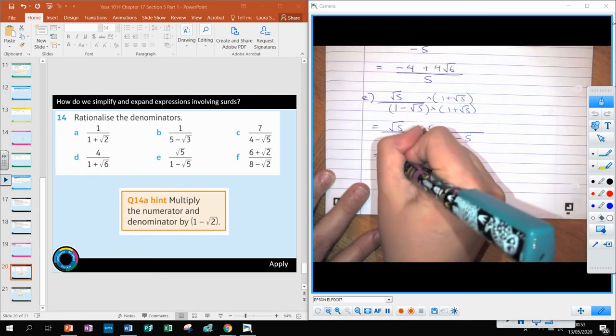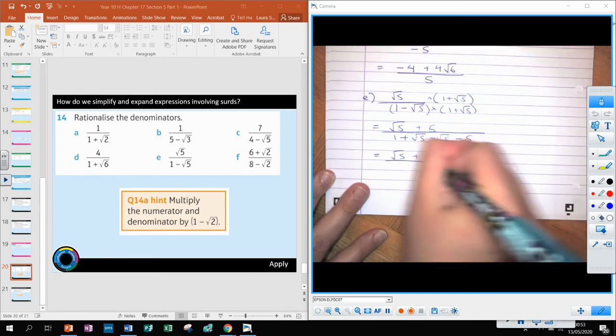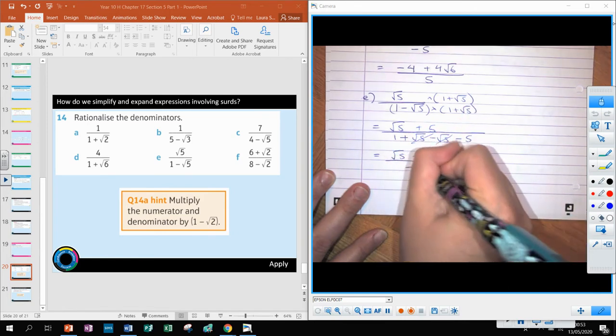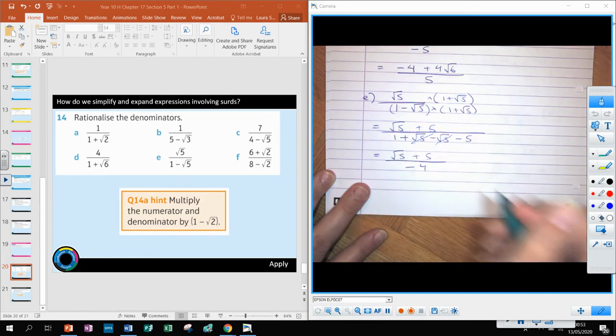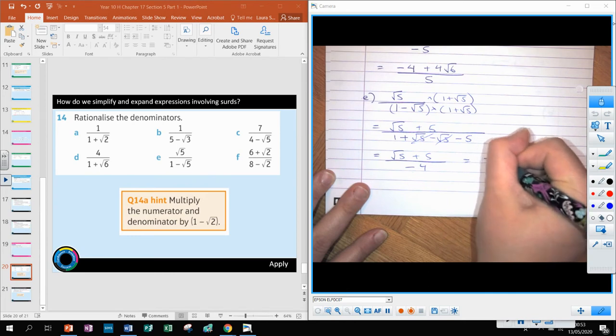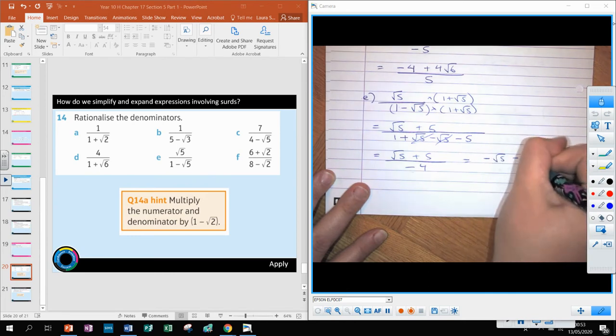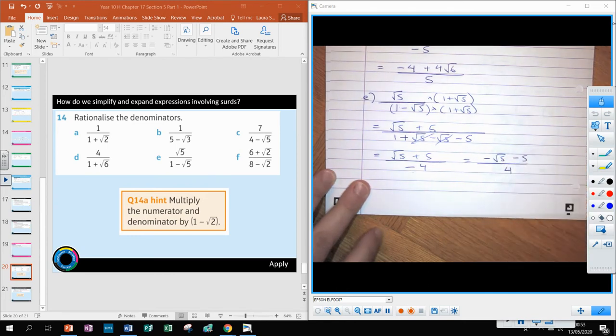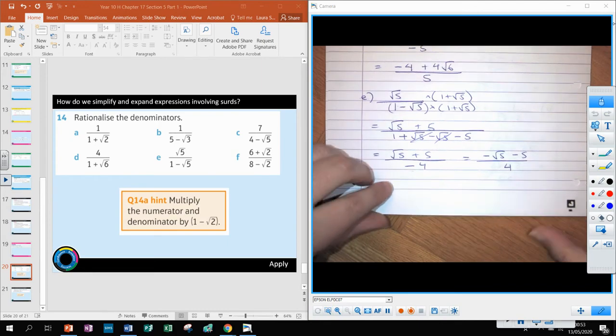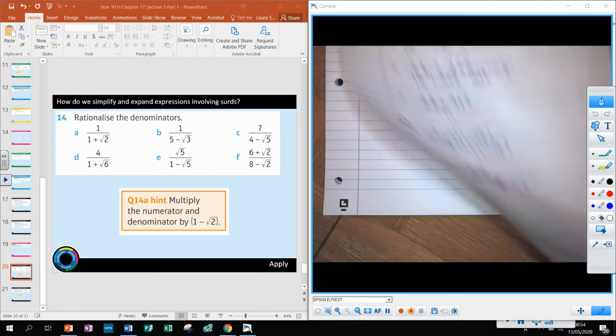That's going to give me root 5 plus 5 all over negative 4. Again, let's move that to the top. So that's going to give me negative root 5 minus 5 over 4. It's just better practice not to have a negative in the denominator.